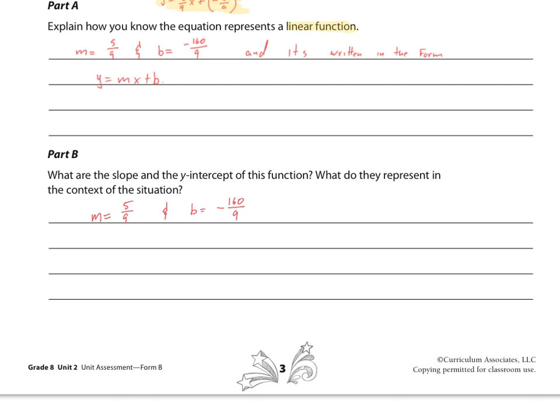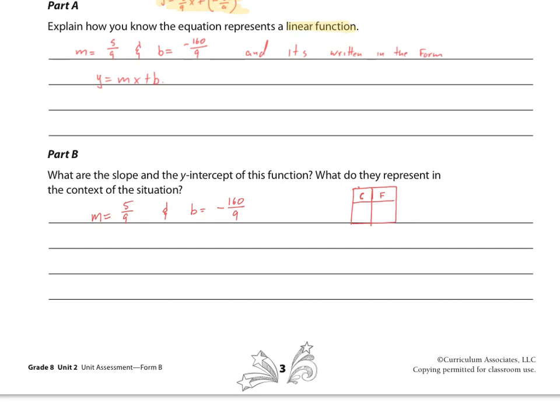we are going to create a very, very short table. So we're going to create a very short table where we have C and F on one side.